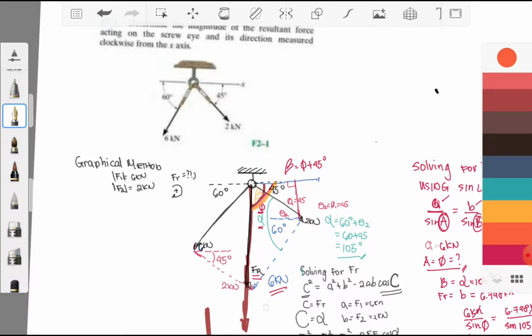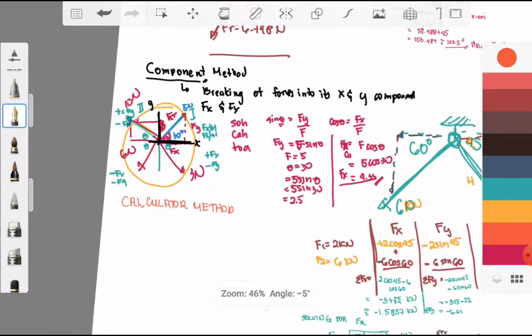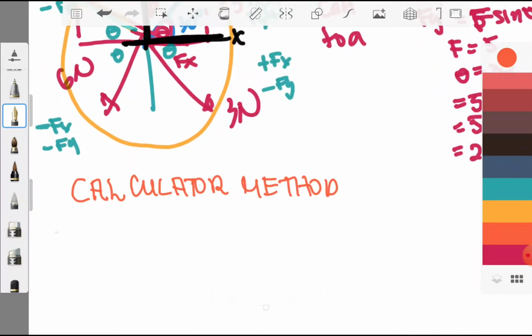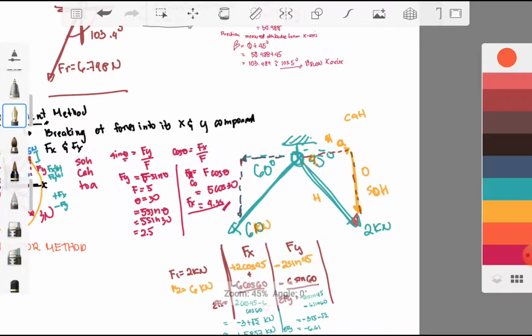So using your calculator method, you will have your Fr is equal to 2 kilonewton.